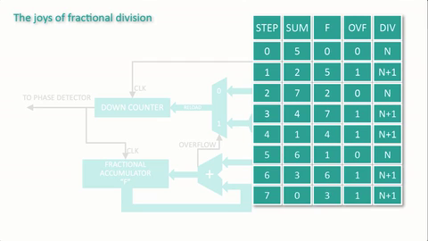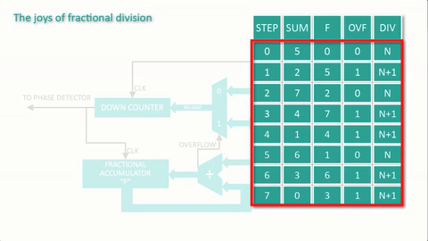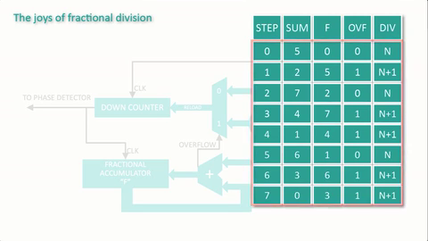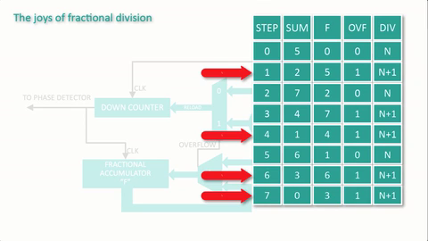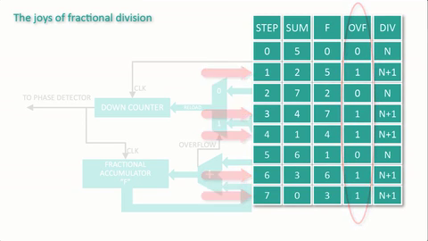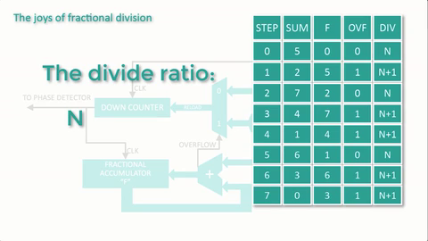Now, consider, with our 3-bit adder and 3-bit registers, there are only 8 possible states. The value of K determines how many of those states will produce an overflow. In our example, 5 of the 8 states, whenever the F register is 3, 4, 5, 6, or 7, will cause the overflow bit to become active. And that means, on average, the fractional N divider will divide by N plus K divided by the number of possible states of the F register.